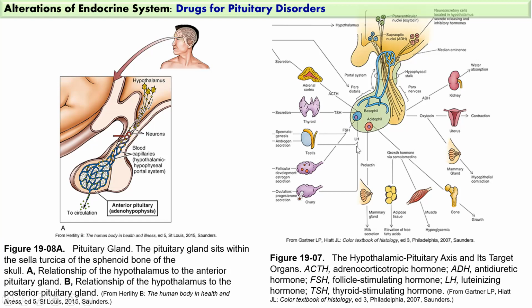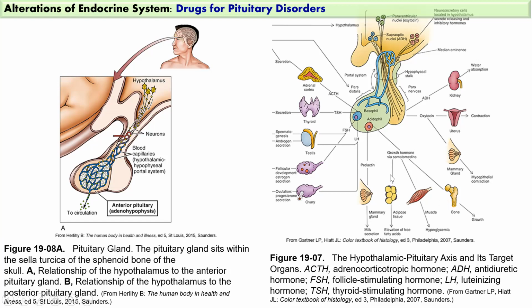LH, which is luteinizing hormone, has to do again with the menstrual cycle and with conception. And prolactin is another hormone that will stimulate the mammary glands during lactation to produce milk. And there are other hormones like growth hormone that will have an effect on the muscles, adipose tissue, and bones.